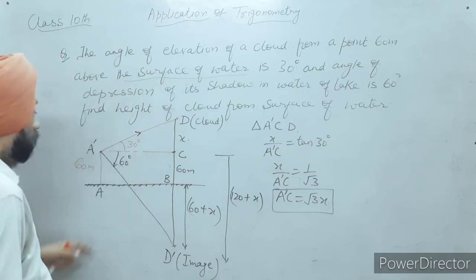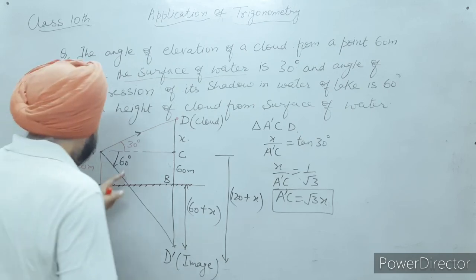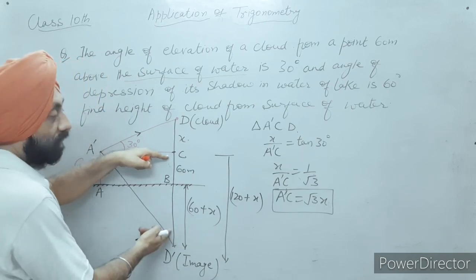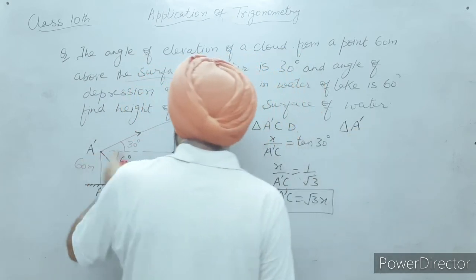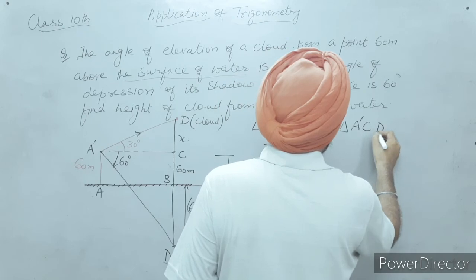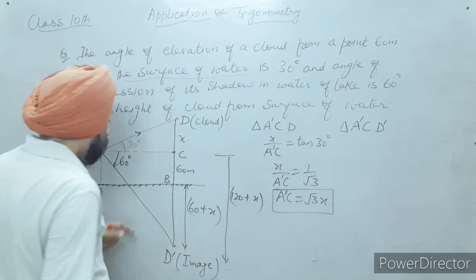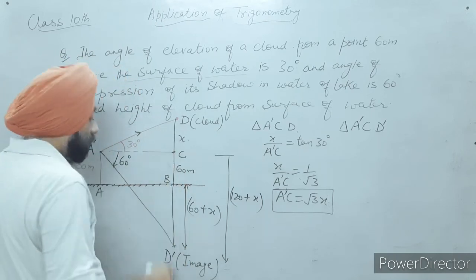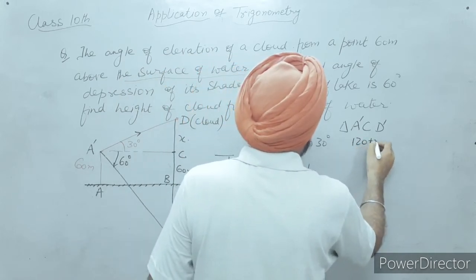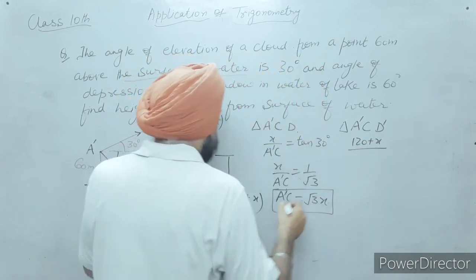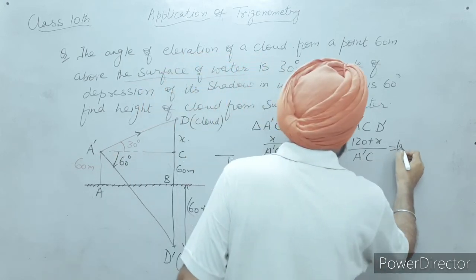Now, if I take this triangle A dash C D dash, right? I have the angle, I have the perpendicular. Triangle A dash C D dash. Perpendicular upon the base. Perpendicular is 120 plus x upon base is again A dash C. This is tan of 60 degrees.